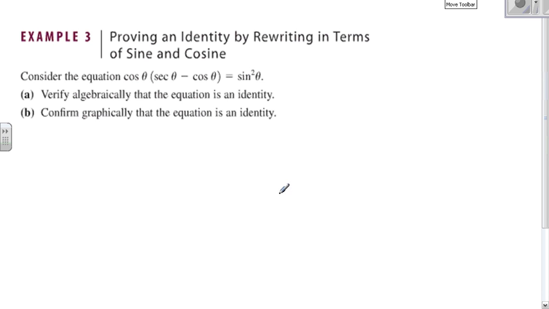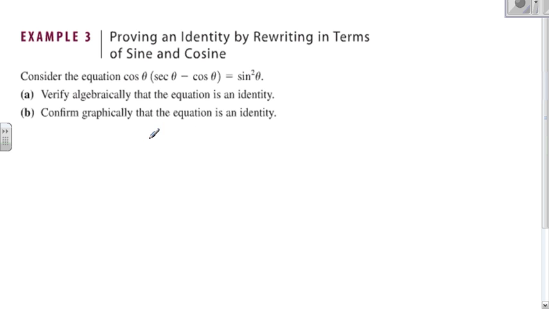So for this example, we have cosine times secant minus cosine equals sine squared. And we're asked to verify algebraically that it's an identity, as well as confirm graphically that it's an identity.